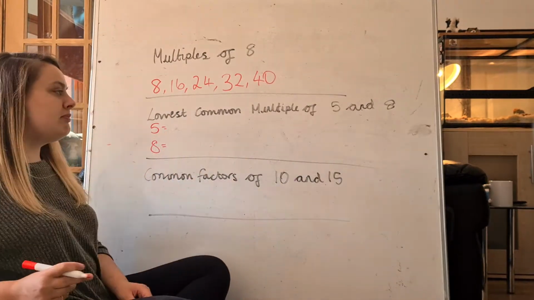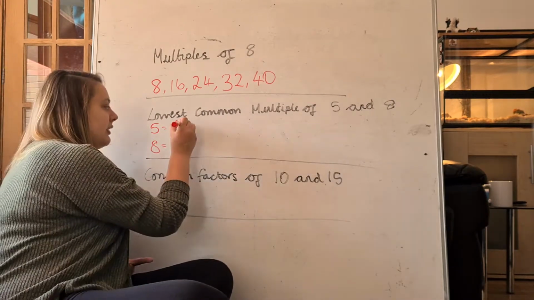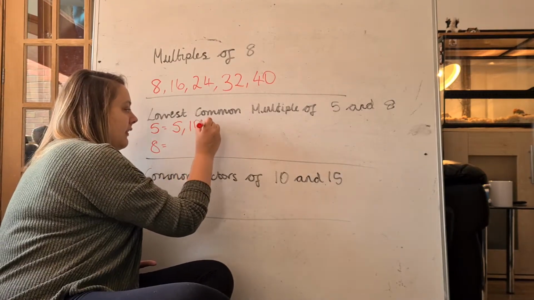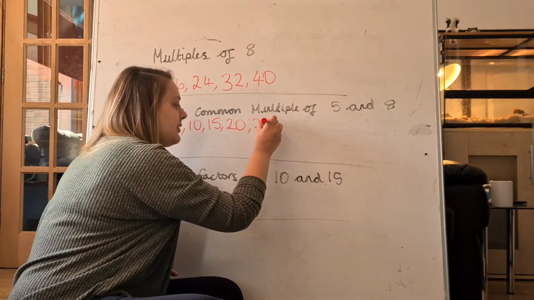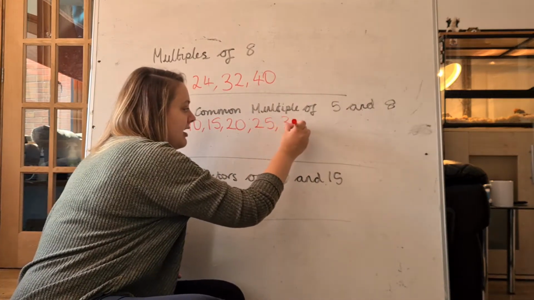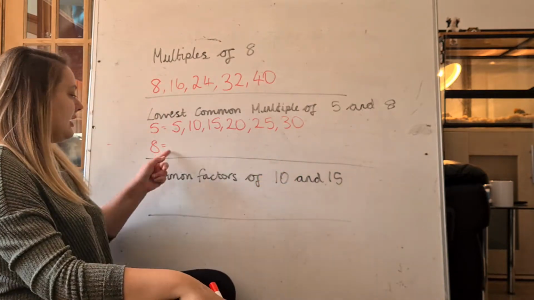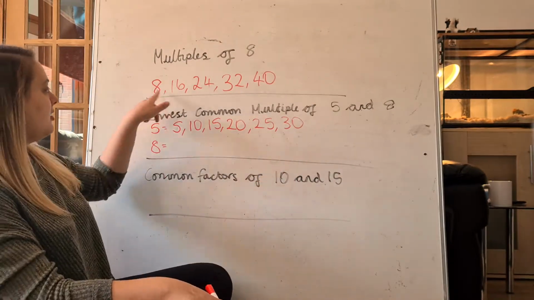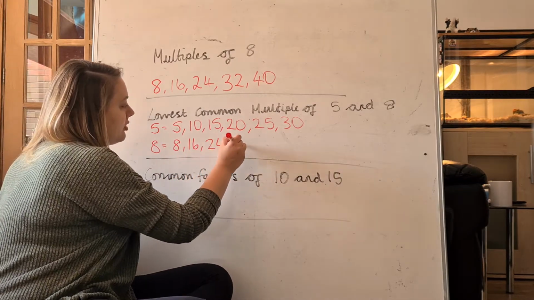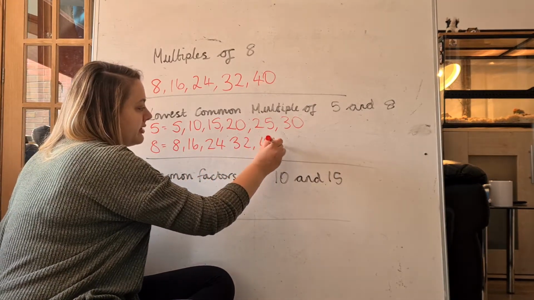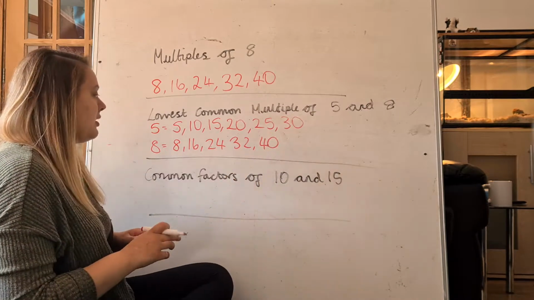So first of all, multiples of 5, go. 5, brilliant. 10, 15, oh I'm struggling to keep up. 20, fantastic. 25, one more. 30, brilliant. Now multiples of 8, well we've already got them up here. 8, 16, 24, 32, and we'll go to 40, even though we haven't gone up there.